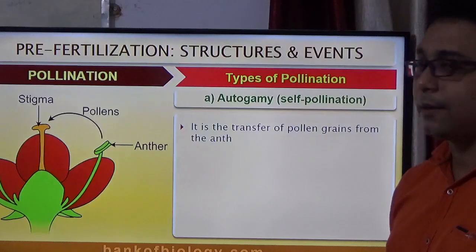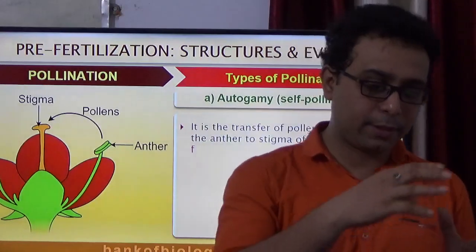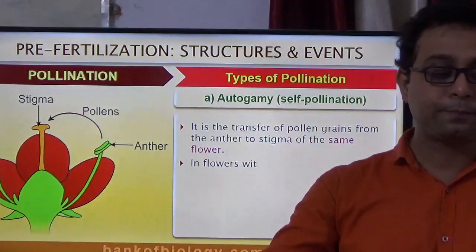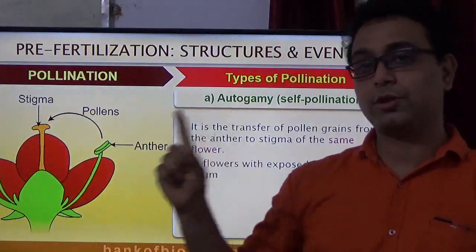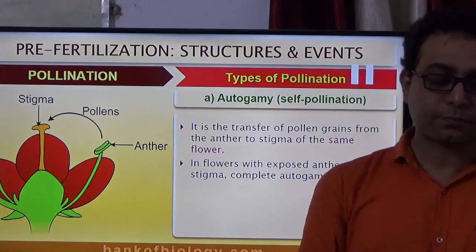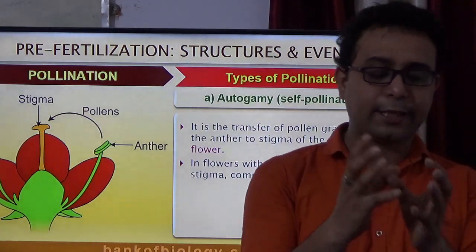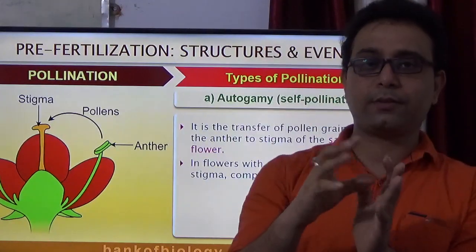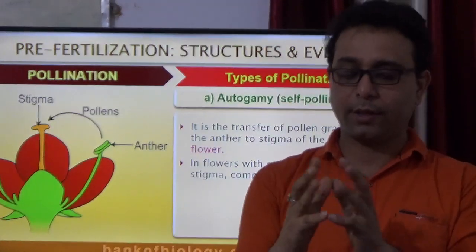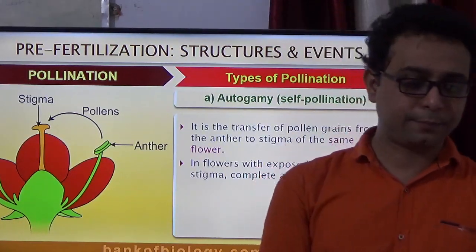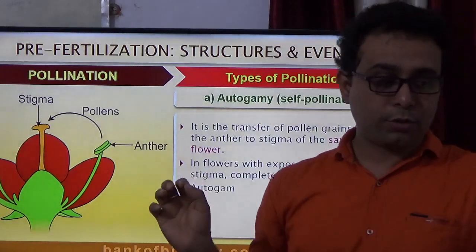Now autogamy, that means self-pollination, that means the transfer of pollen grains from anther to stigma in the same flower. Most important, the same flower is there. But you know, complete autogamy in a flower that exposes its anther and stigma is very rare, because in most flowers the petals cover up their structure. So that is most important.